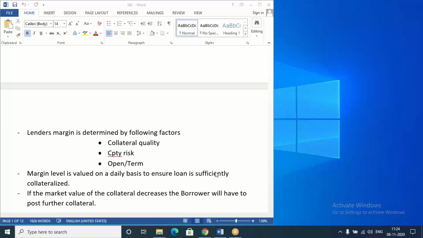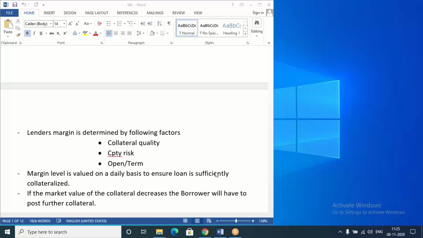The factors he would take into account are the collateral's quality, in terms of whether it is highly liquid or low liquidity; counterparty risk, in terms of whether the credit rating of the counterparty is good; and also whether he is loaning the securities on an open or term basis. Okay.